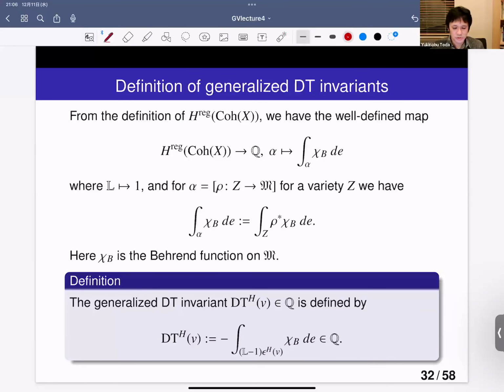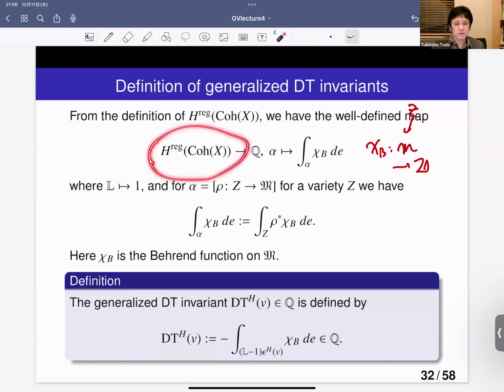The Behrend function also makes sense over the stack of coherent sheaves. Using this function, if there is a map from a scheme, we can take the pullback of this Behrend function on Z and then take its integration. So these maps make sense on all of this regular part of the motivic Hall algebra.